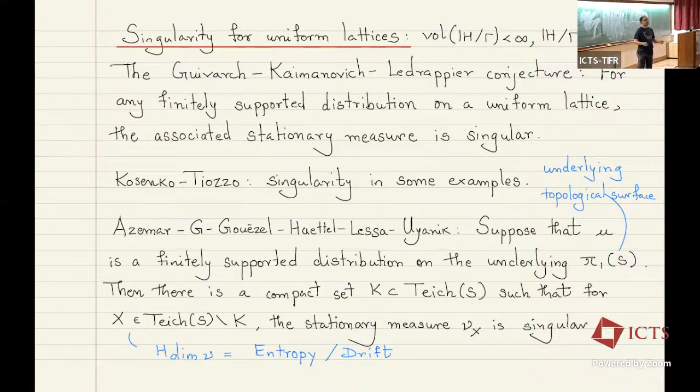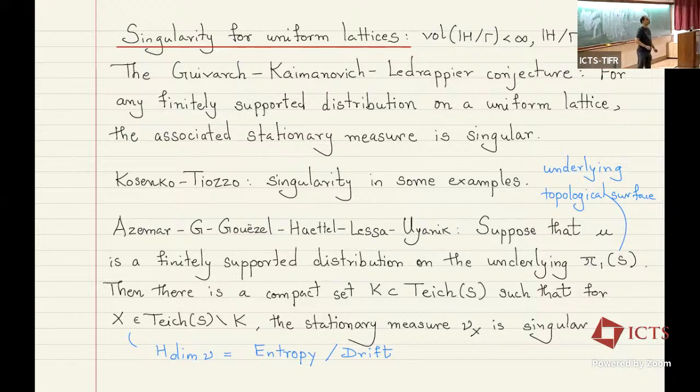There is some compact set which we cannot pin down, but outside that, we have singularity. This works by looking at the entropy over drift formula for the Hausdorff dimension of these measures. The entropy of the random walk is intrinsically defined on the group, but the drift of the random walk uses the action of the group on the hyperbolic plane. And we show that outside the compact set, this drift becomes too large.